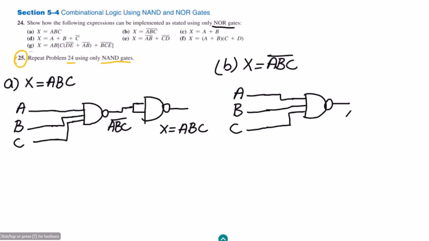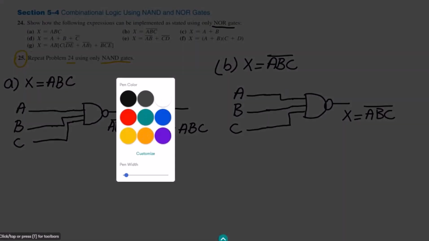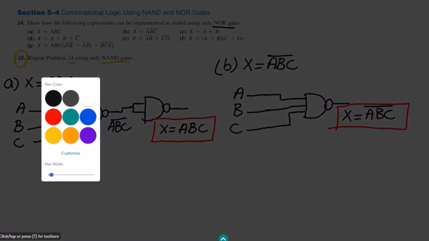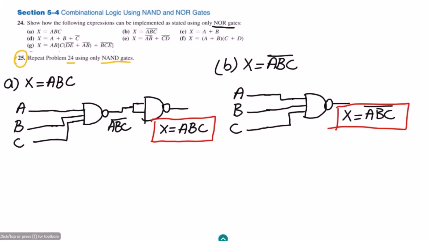At the output, we get ABC whole complement. This is the output of the first gate, this is the output of the second gate, and up to here we can easily see the implementation of the AND gate by using the NAND gates.